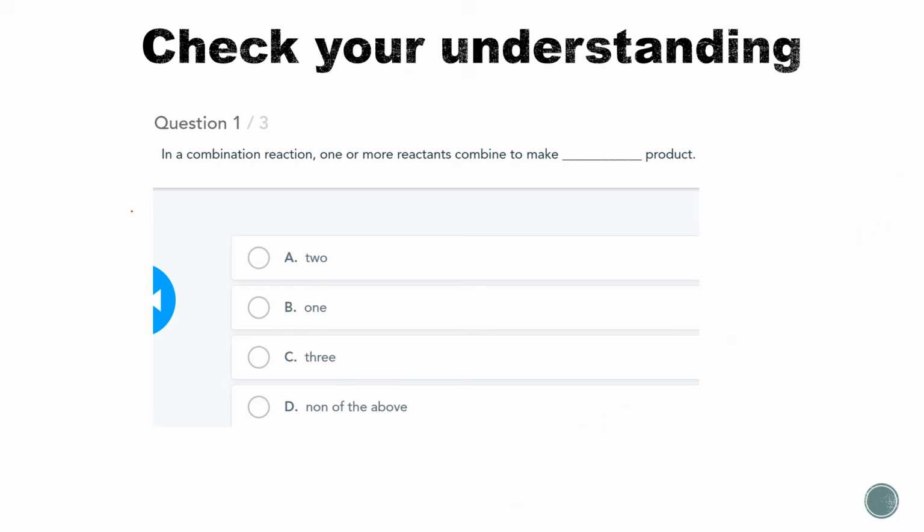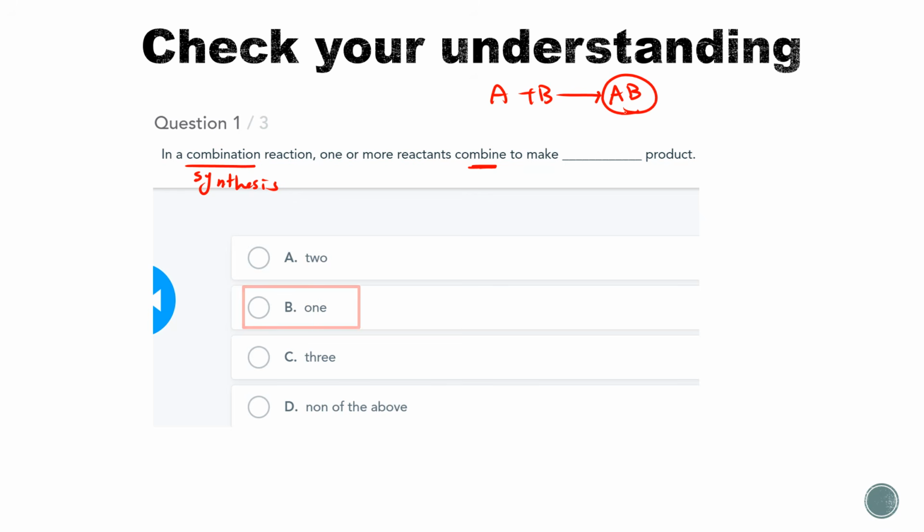Okay, guys? So, try to read this question and try to answer. In a combination reaction, one or more reactants combine to make. So combination, guys, is the same as synthesis. So how many products do we make? Remember?